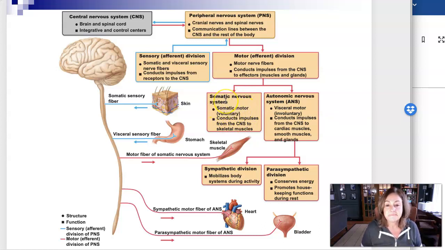But other than that, we can also control smooth muscle, the heart, glands, like I was saying, and that's the autonomic nervous system. And the autonomic nervous system is broken into two subunits, the sympathetic division and the parasympathetic division. So we're primarily focused on this motor output to autonomic effectors in this unit.